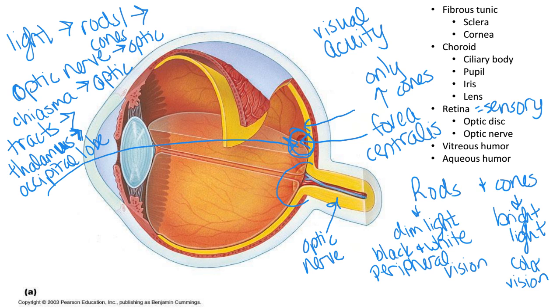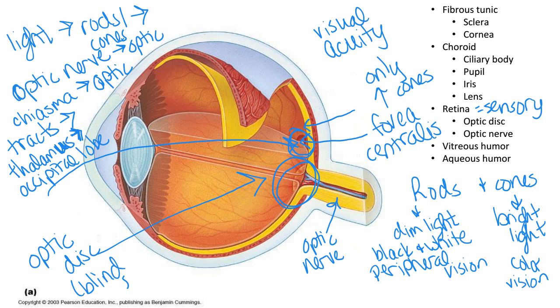This area right here, where the optic nerve exits the eye, is called the optic disc or the blind spot. Meaning in this location, there are no rods and no cones. So even if light hits there, you can't make an image form, because this is where the optic nerve is exiting the back of the eyeball.